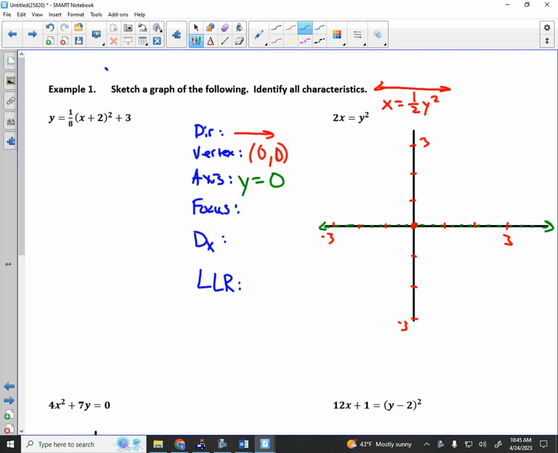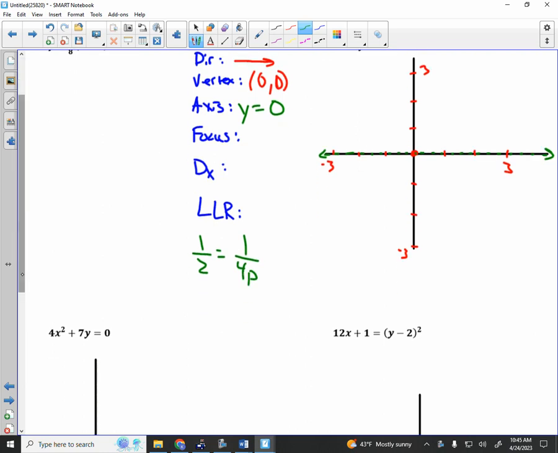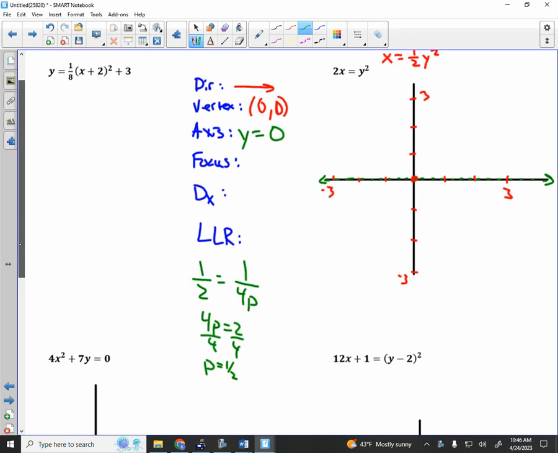P. So for P, we say that A, or 1/2, is equal to 1/4P. So we cross multiply, we get 4P is equal to 2. Divide by 4, P is 1/2. So where are we getting this 1/2 equals 1/4P?